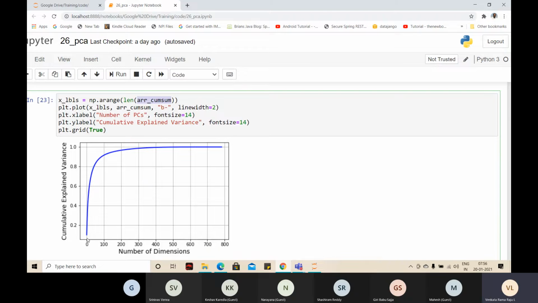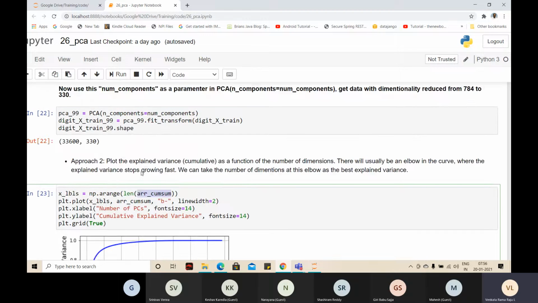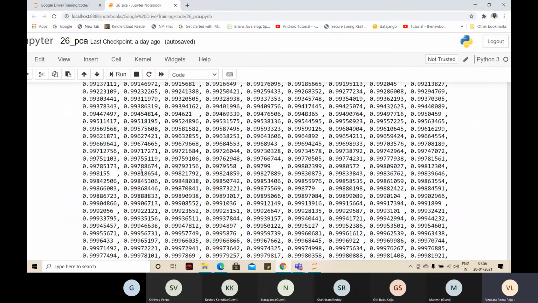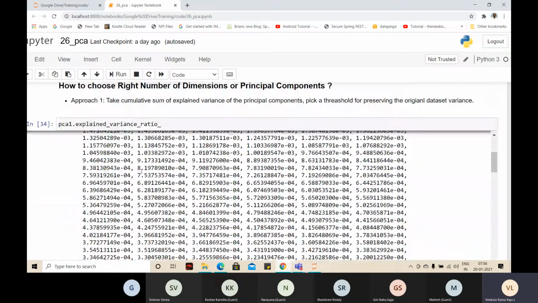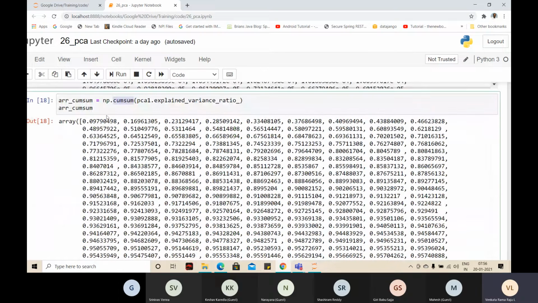First principal component 0.95, 0.96, second one a little more, like that. So when you add these numbers cumulatively, this is the cumulative sum. See this, it is raising this number, this number, this number, because we are cumulatively adding those numbers.